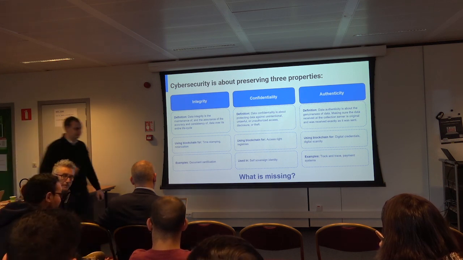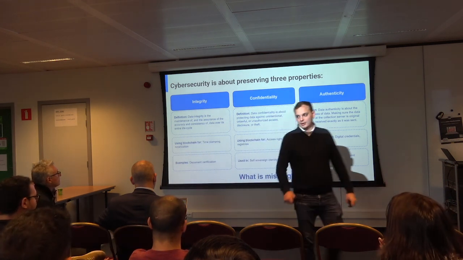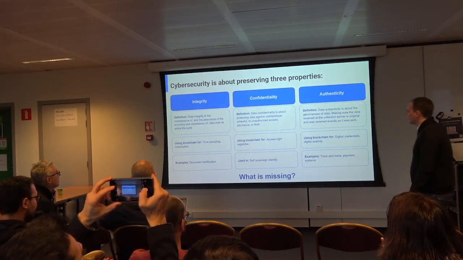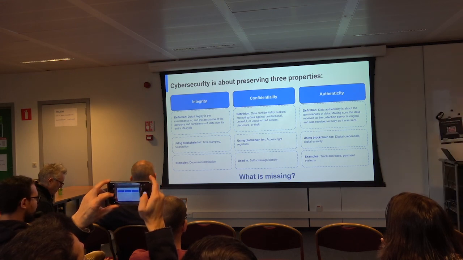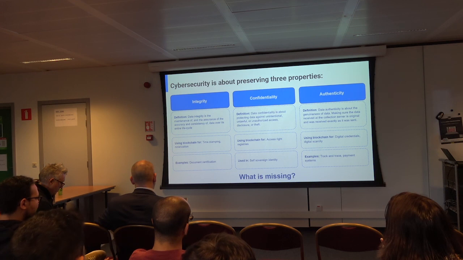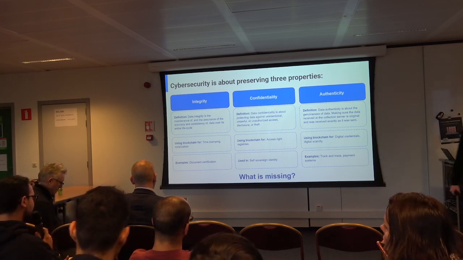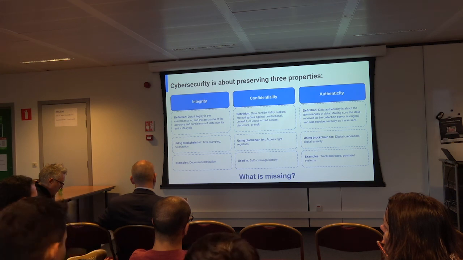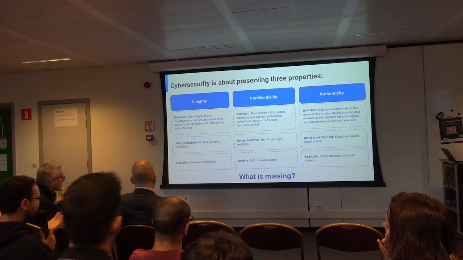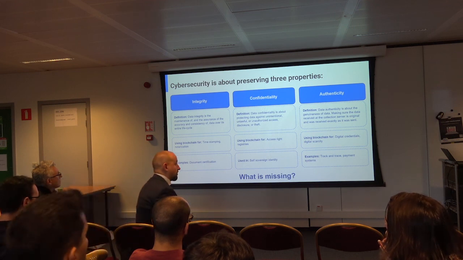Yeah, thank you. So the CIA thingy, I think integrity is pretty much clear that blockchain can solve this. Authenticity as well, because you can have public-private key pairs. Confidentiality is something else. You were mentioning the consortium thing, but that is a private blockchain. If you think about a public blockchain, which is the basic one, the first one, Bitcoin, right? It solves the integrity thing, it solves the authenticity thing, but it doesn't solve confidentiality.